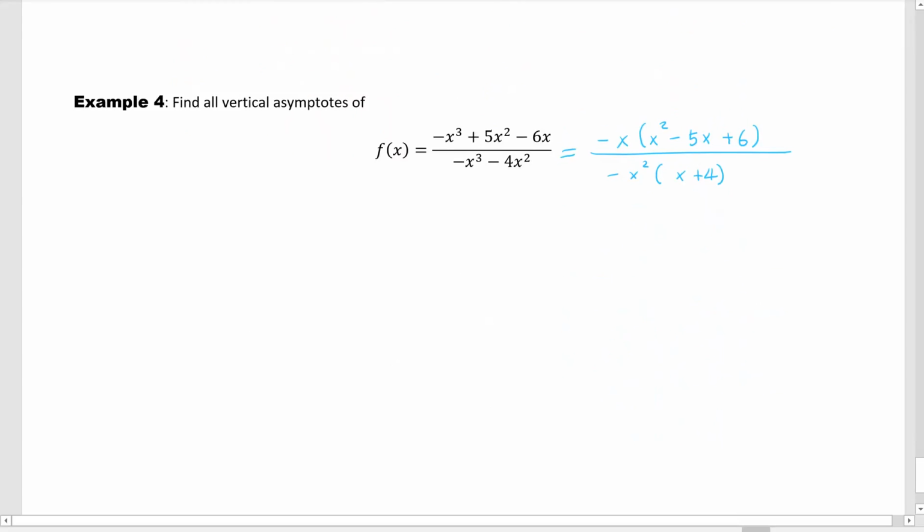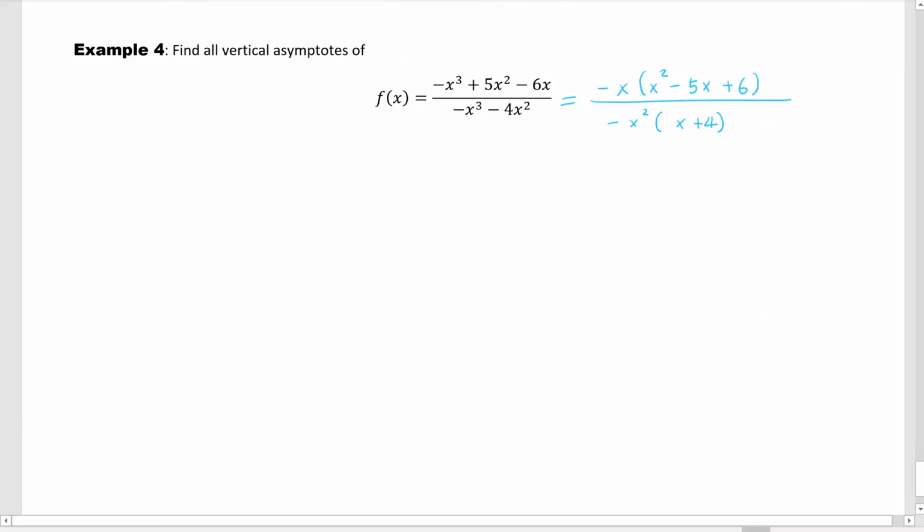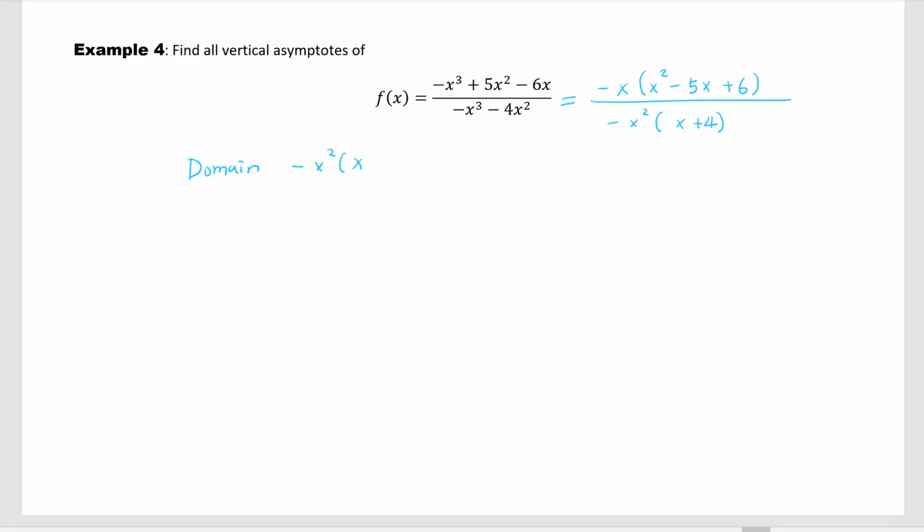And what's next? Okay, so what is the domain? Well, the denominator is minus x squared times x plus 4. Oh, but sorry, we didn't finish because, by the way, if it's negative, you can of course cancel it. And then, can we factor further?